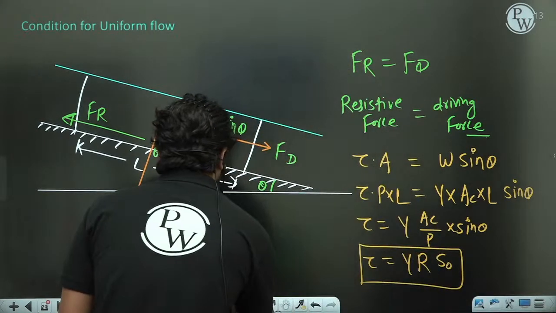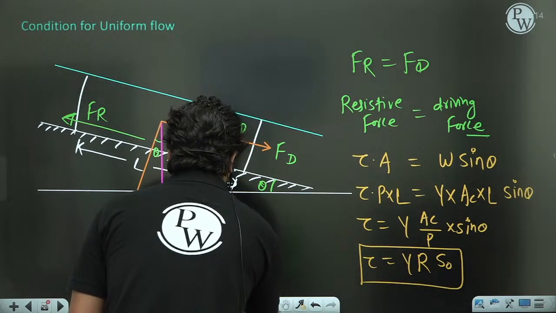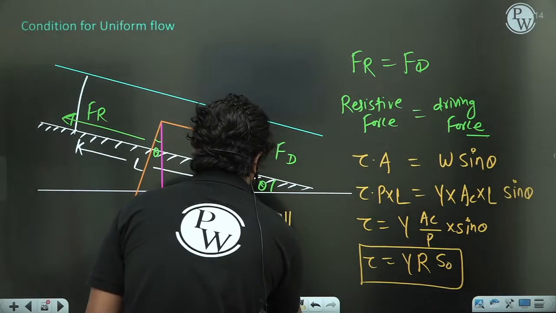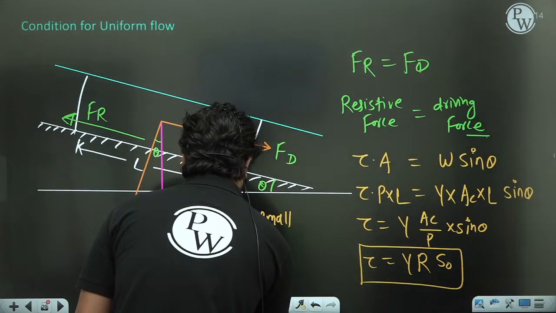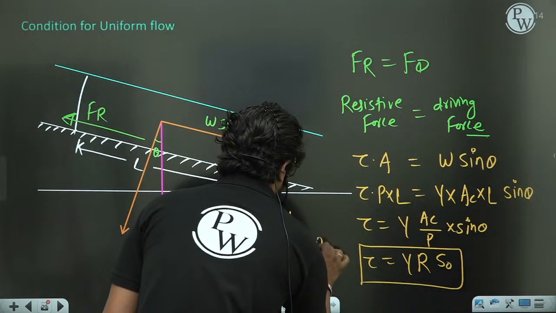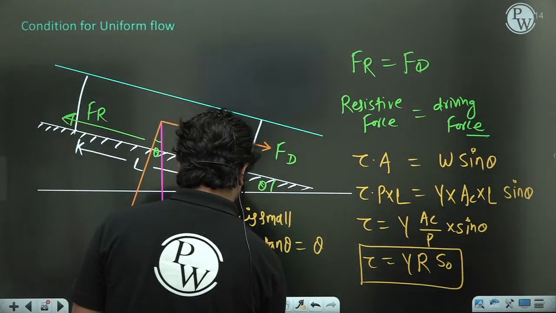So here, if theta is small, sine theta will be equal to tan theta will be equal to theta itself. And R is nothing but what we call the hydraulic radius.